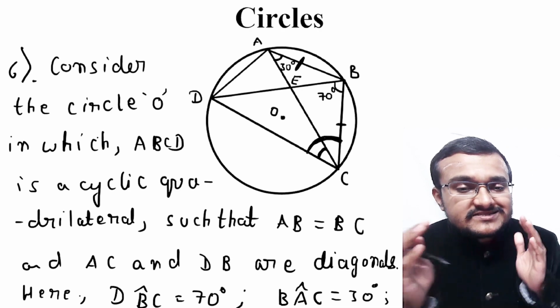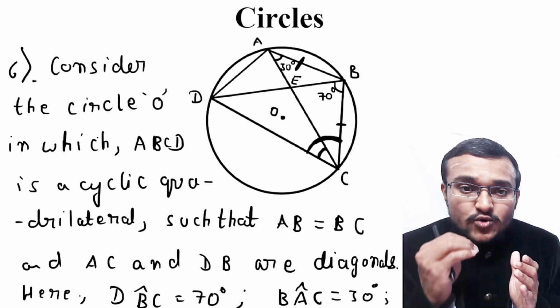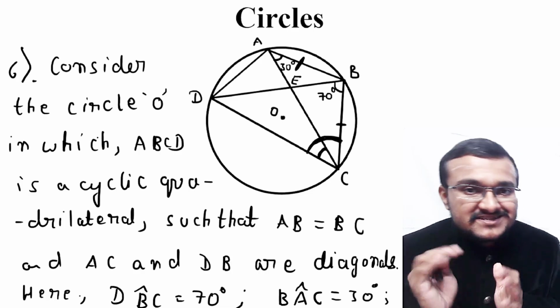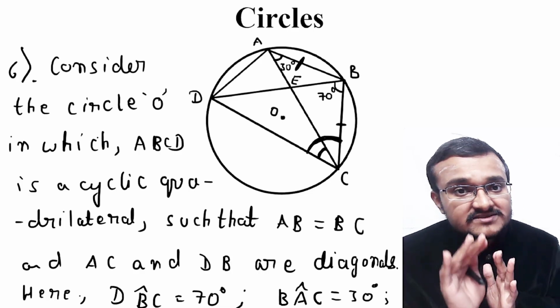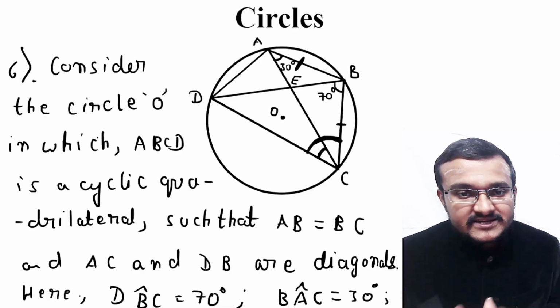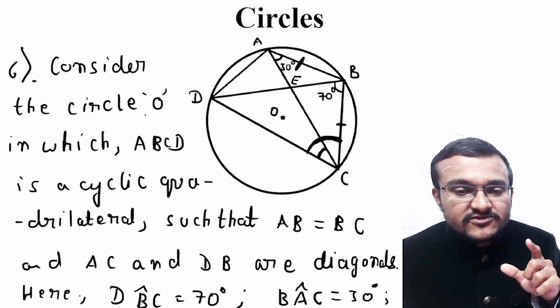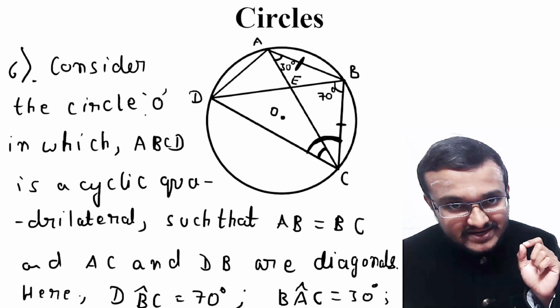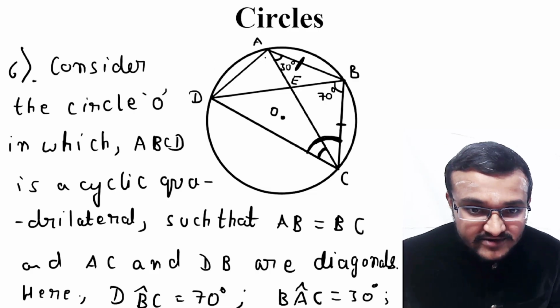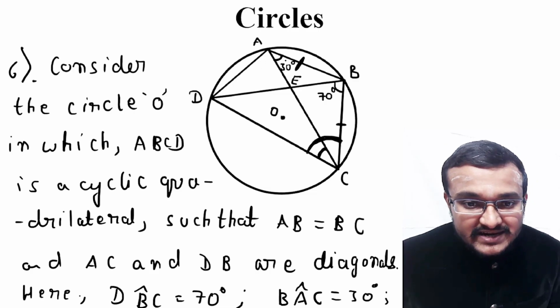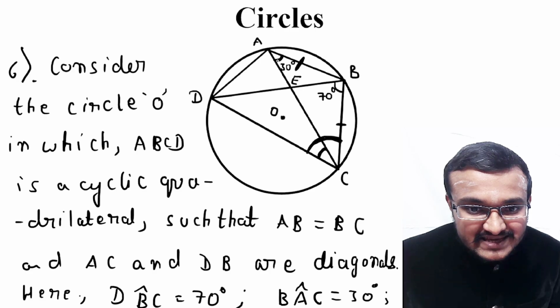So now in cyclic quadrilateral, if you add the opposite angles, then the sum will be equal to 180 degree. So that means here BAD and BCD if you are adding, then that will be equal to 180 degree. But before that, we don't know what is the total angle BAD. We only know this particular BAC angle, that is 30 degree.